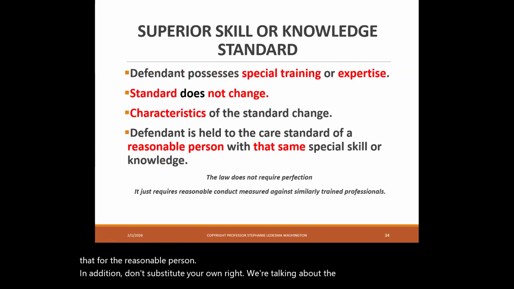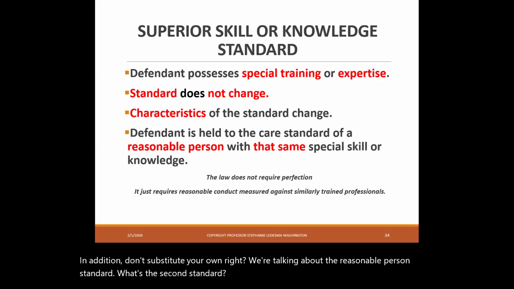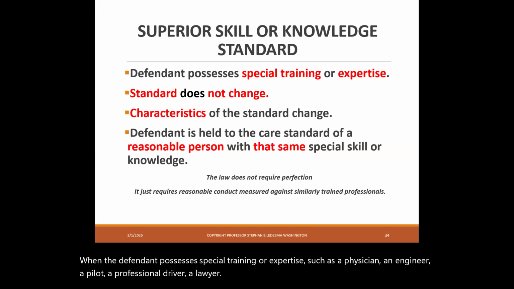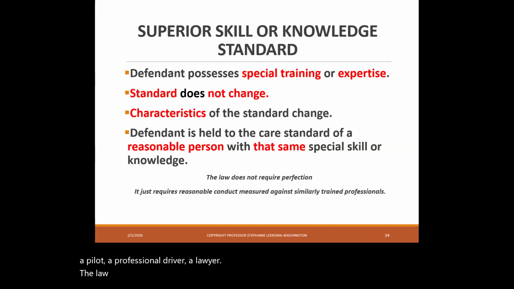What's the second standard? This is the first modified, but second standard on the table: the superior skill or knowledge standard. When a defendant possesses special training or expertise, such as a physician, an engineer, a pilot, a professional driver, or a lawyer, the law changes the characteristics of the reasonable person.